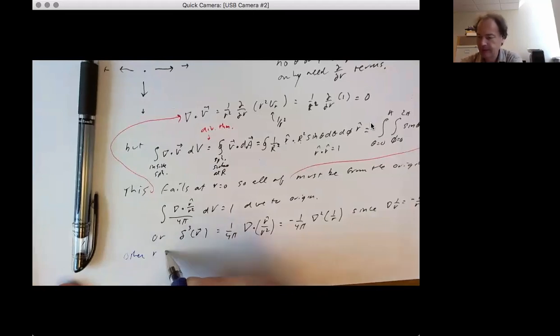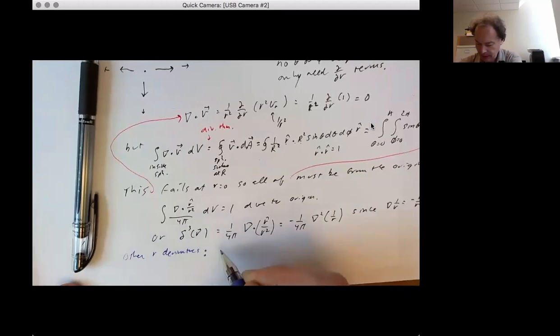There are derivatives. If you take the gradient, here's the divergence of r to the n times r hat.